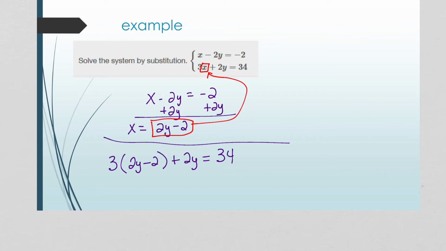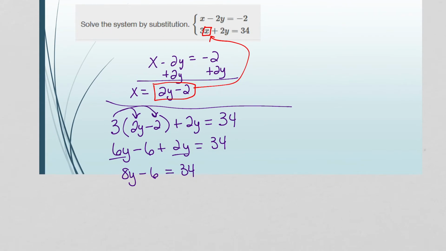Now I'm going to distribute and solve for y. Combine my like terms. Add 6 and divide by 8.